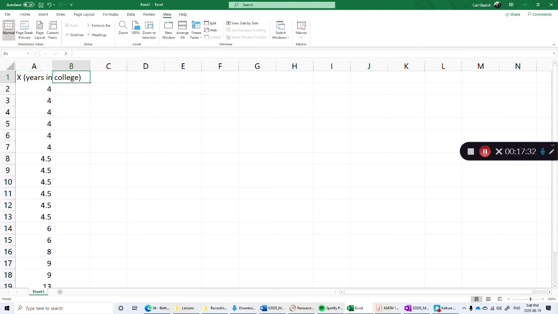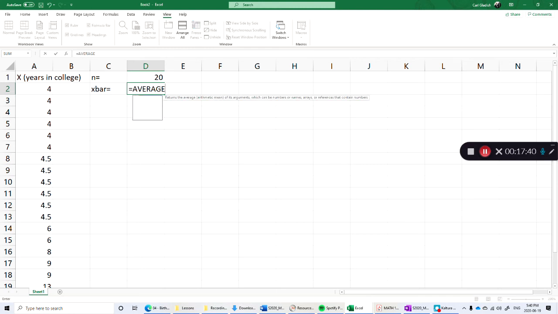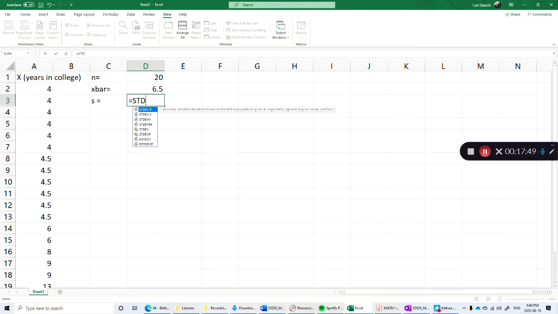So let me write my sample statistics over here. N is 20. X bar is, let's see, it's going to be the average of A2 up to A21. S is stdev.s of A2 up to A21.